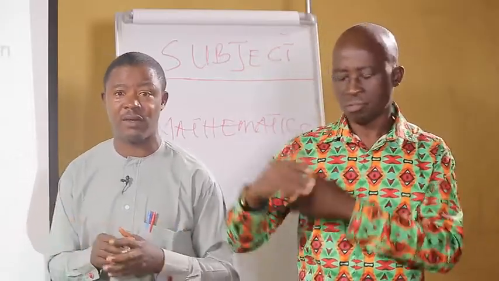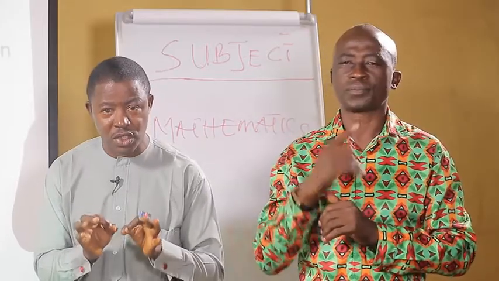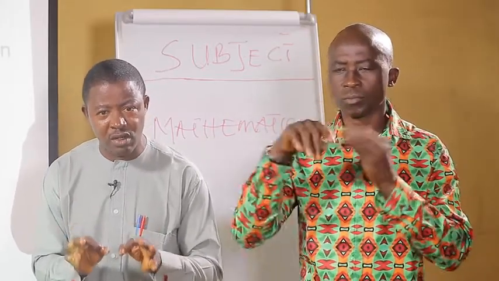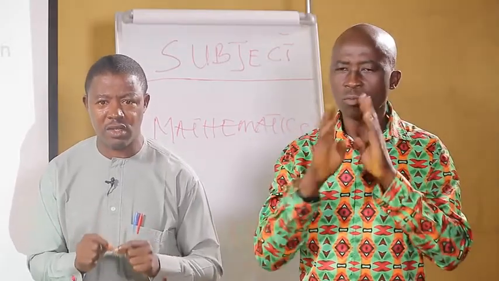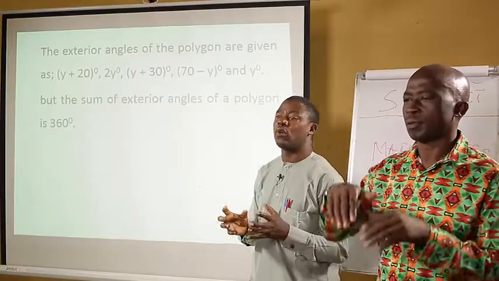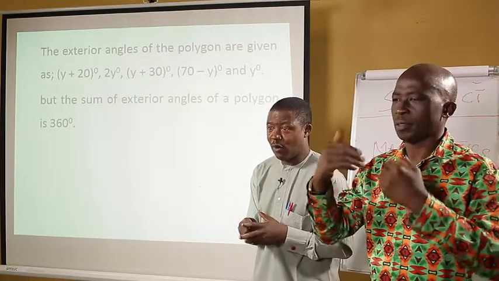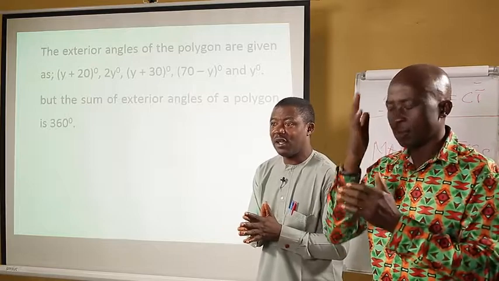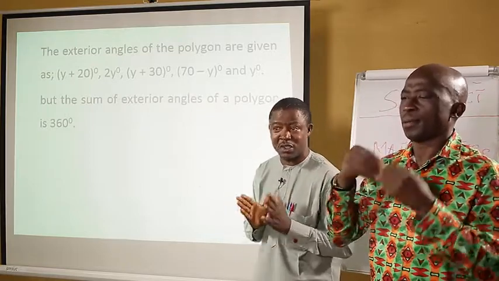But one thing you should take notice, the question is talking about exterior angles. So it could be any number of sides the polygon has. All you need to realize is the sum of its exterior angles will give you 360 degrees.